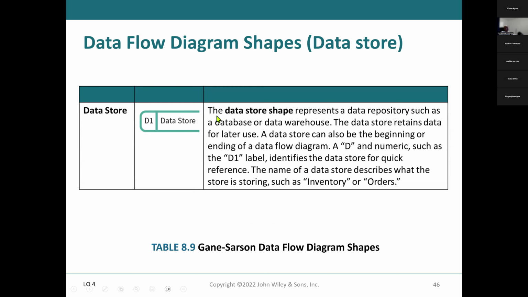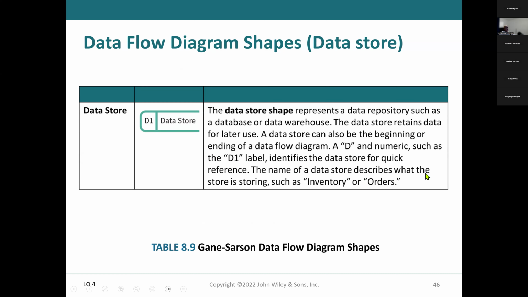Data store. The data store shape represents data repository, such as a database, data warehouse, etc. Data store retains data for later use. So a data store can be the beginning or ending of a data flow diagram, a D and a numeric, such as D1. They're used to identify data store for quick reference.